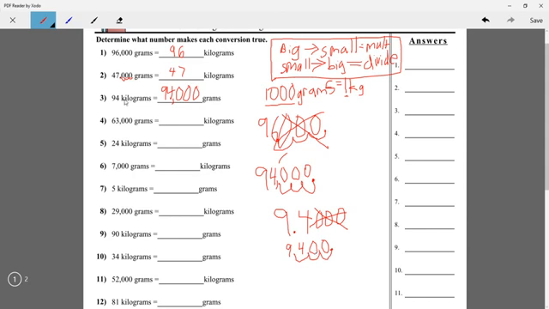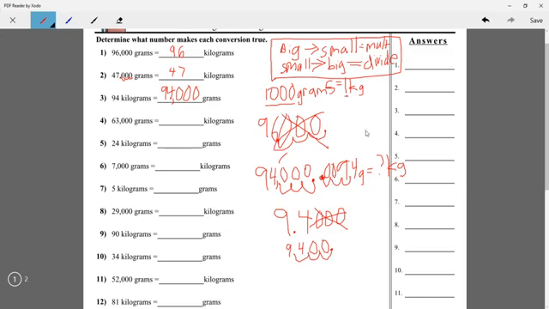Now, if it was 9.4 grams equals how many kilograms, okay? We're moving the decimal place in the other direction. So we're going 1, 2, 3. Okay? And the decimal is right here. And as I said, each time you don't have a number and you move the decimal place, you have to put a 0 there.